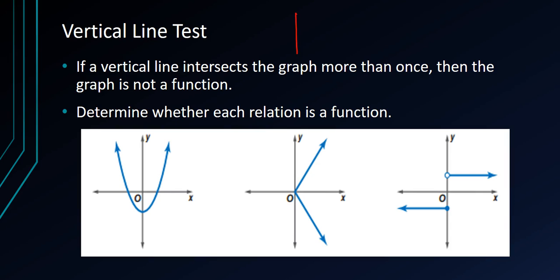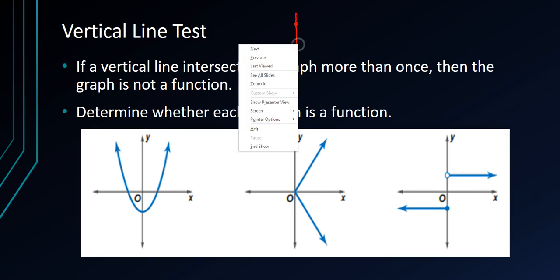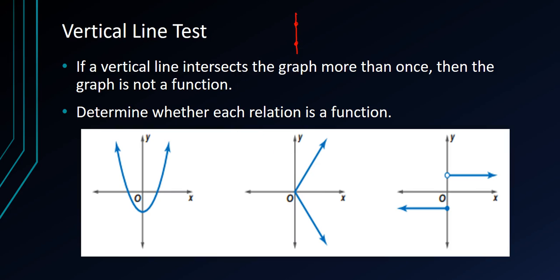And that would be because if I'm intersecting 2 points, for example, let's say this is my x-axis and y-axis, and those 2 points are (3, 1) and (3, -2).